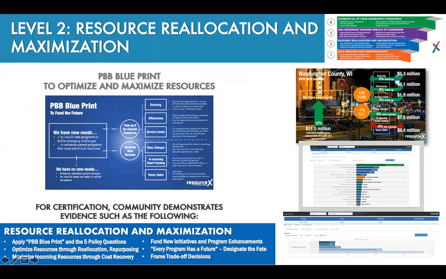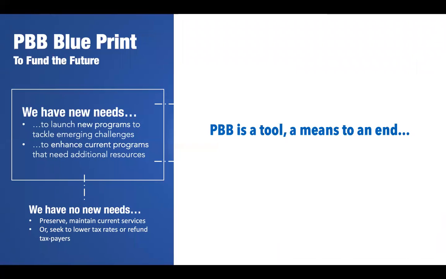It's to make sure that we have the money that we need, or the resources we need in general, to fund the new needs for the future. So level 2 is all about beginning to tinker with reallocation opportunities and resource maximization opportunities overall. So a quick review of that blueprint, and then I'll show you a couple examples of level 2.